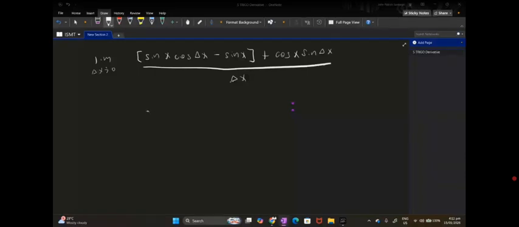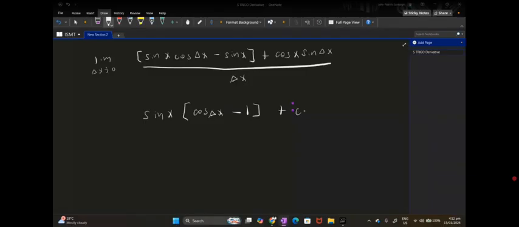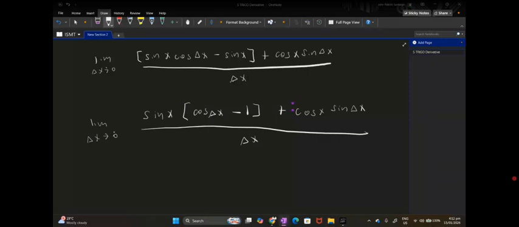So, magiging sin x multiplied by cosine delta x minus 1 plus cosine of x sine of delta x all over delta x. Yan. Na-factor out na natin yung sine here.